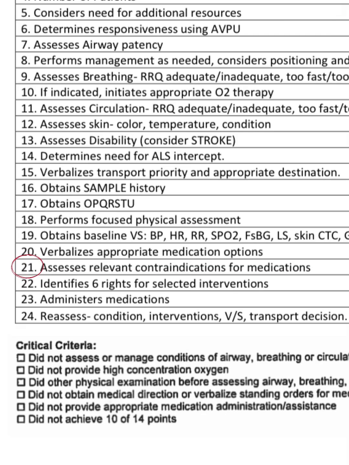If the examiner says yes, I will continue to the 6 rights for oral glucose. If the examiner says no, I will say it is not safe for me to administer that medication and either choose to administer a different medication or simply say there is no other intervention I can give and move on down to step 24.